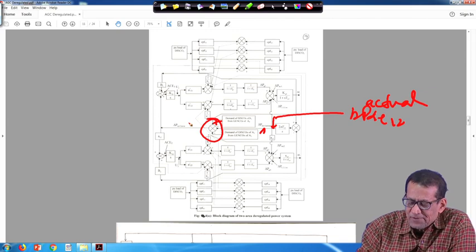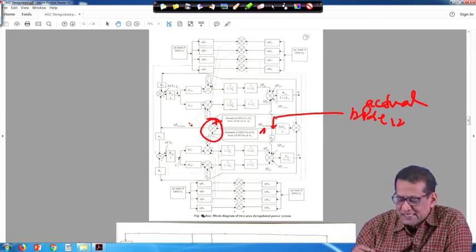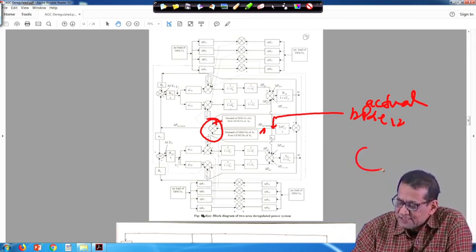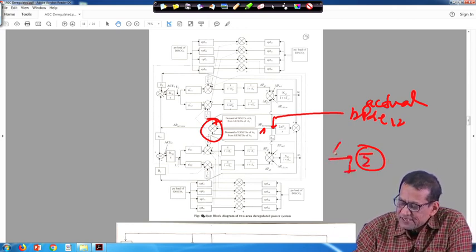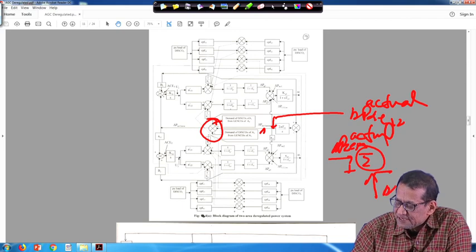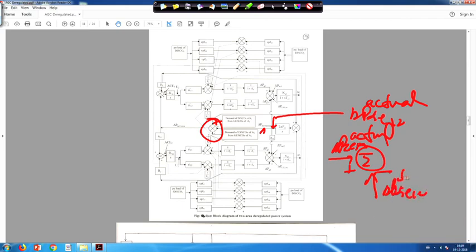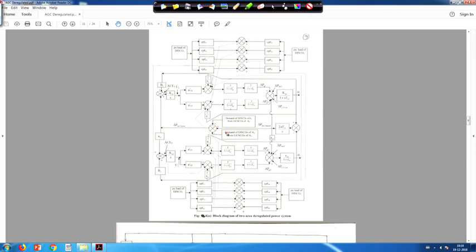These are compared here, so basically when it is compared, you put a sigma. If this is my delta P tie 1-2 actual and this is minus delta P tie 1-2 schedule power, it is made like this just for understanding. The output of this is nothing but delta P tie 1-2 error, the error signal.